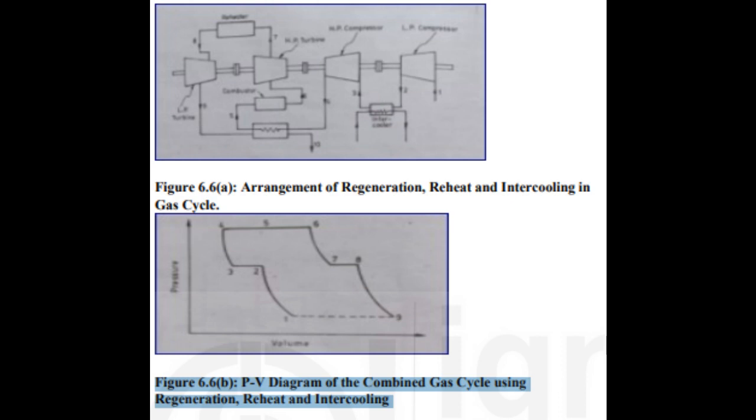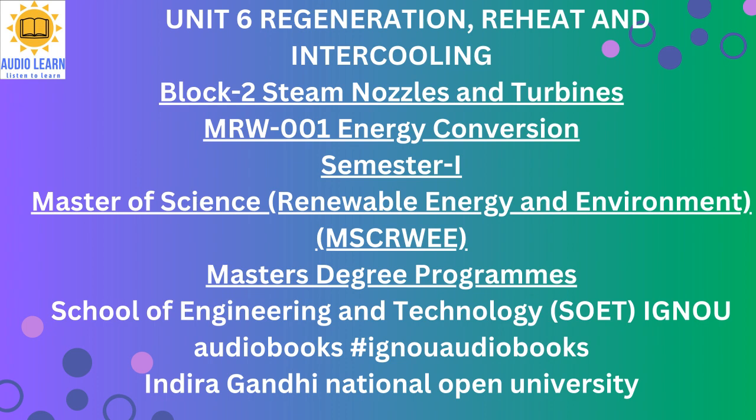In gas turbine power plant, one, the purpose of regeneration is to preheat the air entering the combustion by using the heat of exhaust gases to increase cycle efficiency.